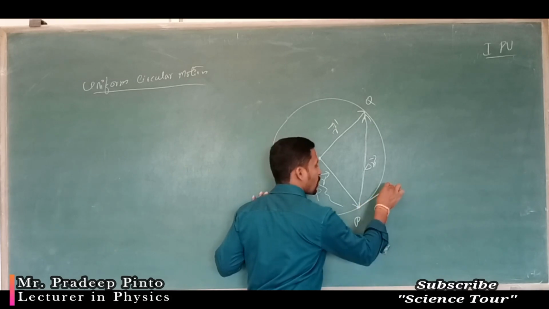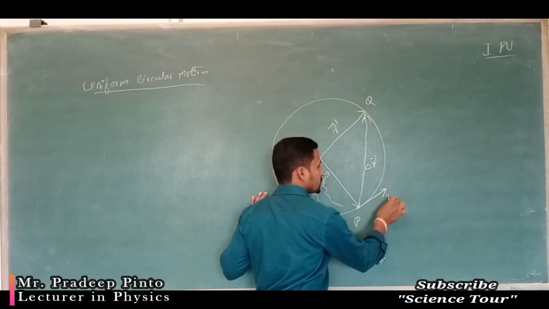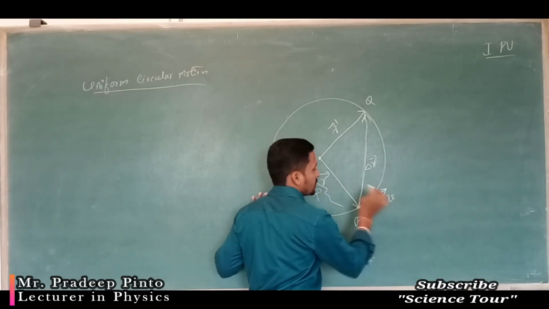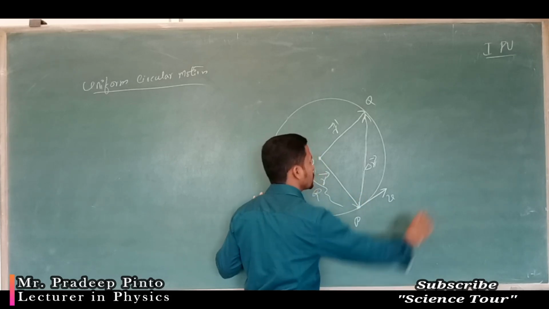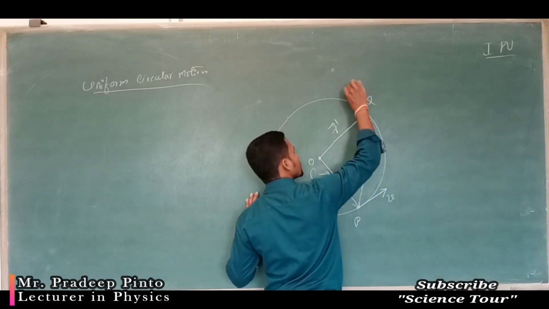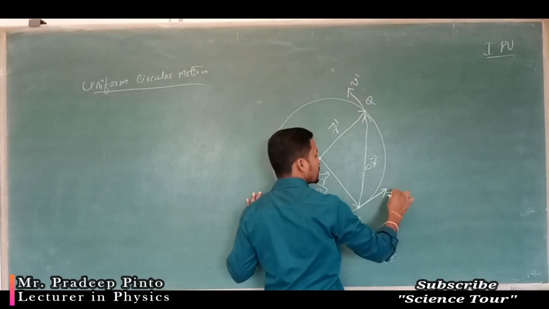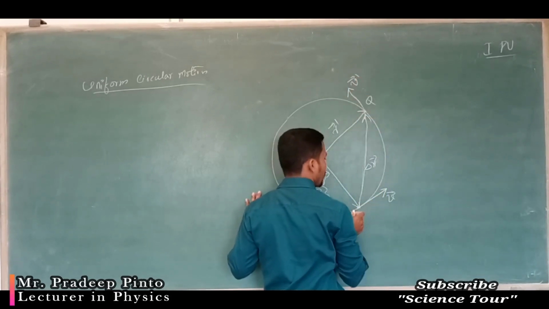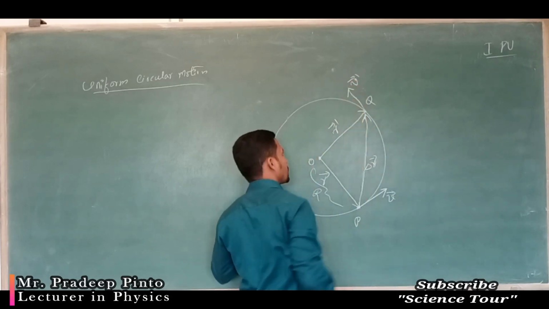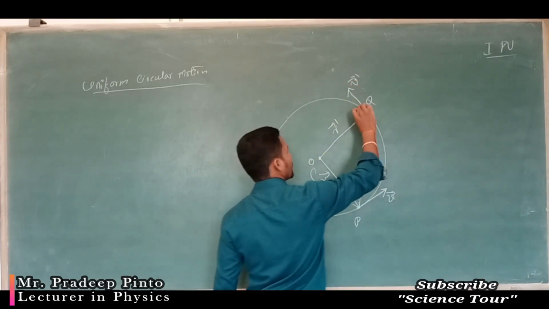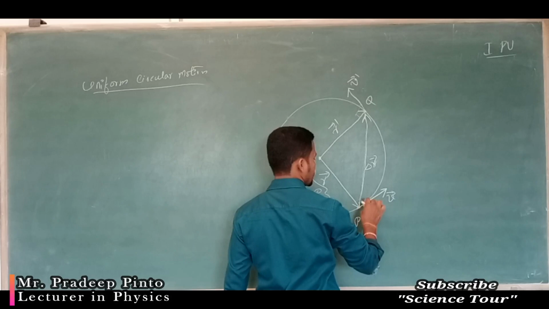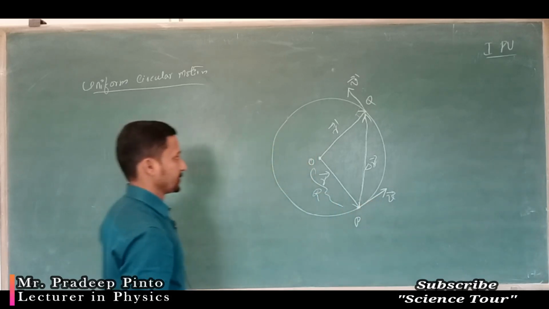I have to draw a tangent. For our position vector, we write velocity v. Here also I have to draw the tangent, that is v dash. It is a vector. Always these are perpendicular: the tangent and this radius are perpendicular to each other.